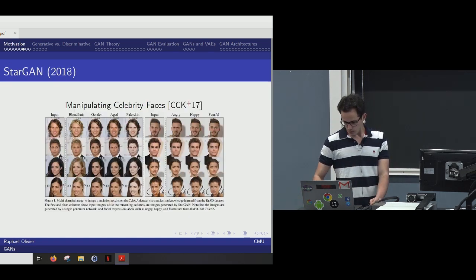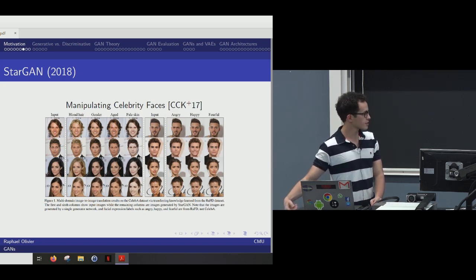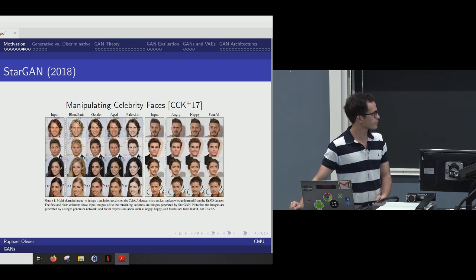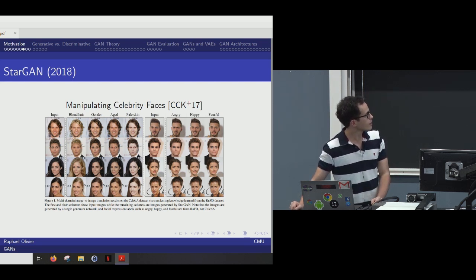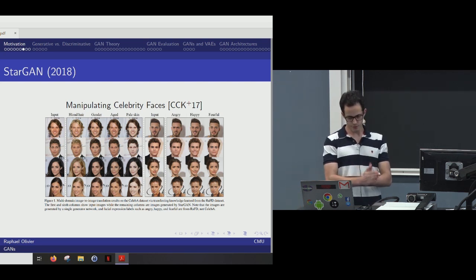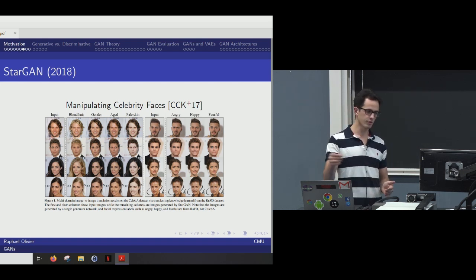But what you need to remember is that it's not only generating faces, or generating data, it's also understanding this data much better. By understanding, we can mean a bunch of different stuff, but for example, if you give the GAN faces with different characteristics, like some are blonde, some are male, some are female, some are old, some are young.